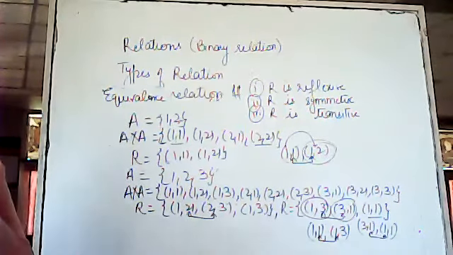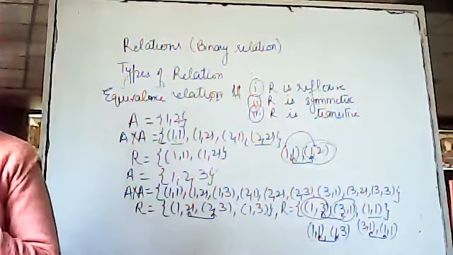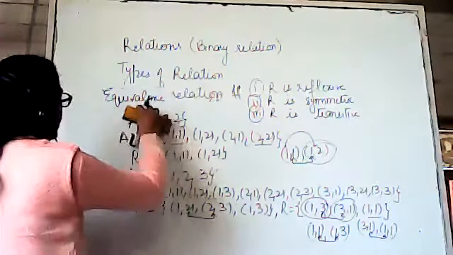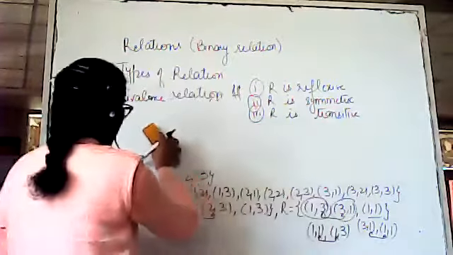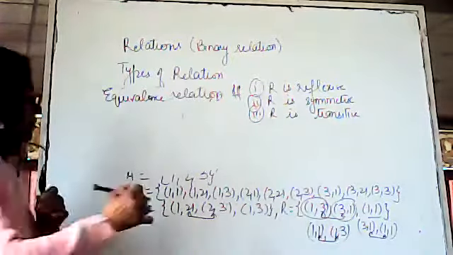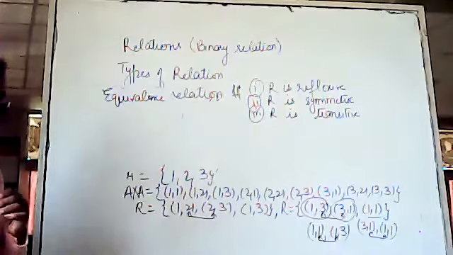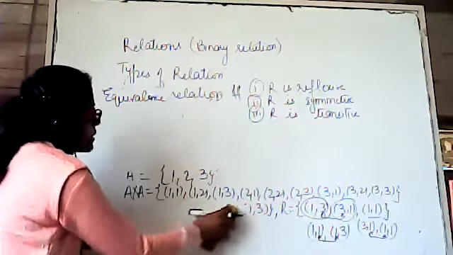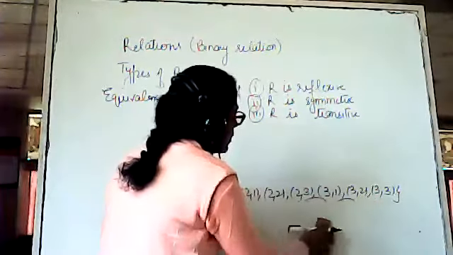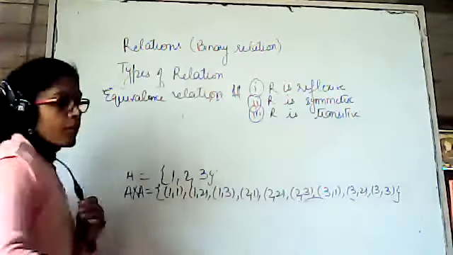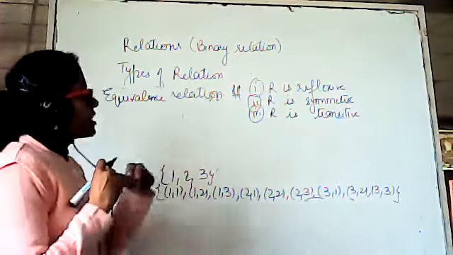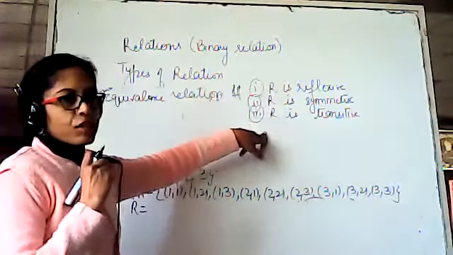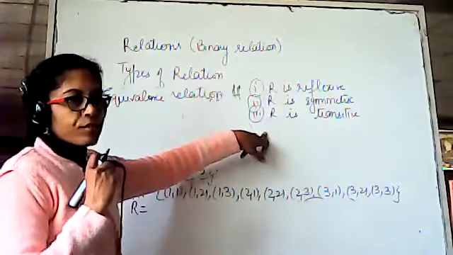For example, let us suppose we are having a set A as 1, 2, and 3. Then the Cartesian product A cross A will be all the elements. After that, we define a relation R which satisfies these three conditions. First of all, the relation must be reflexive.